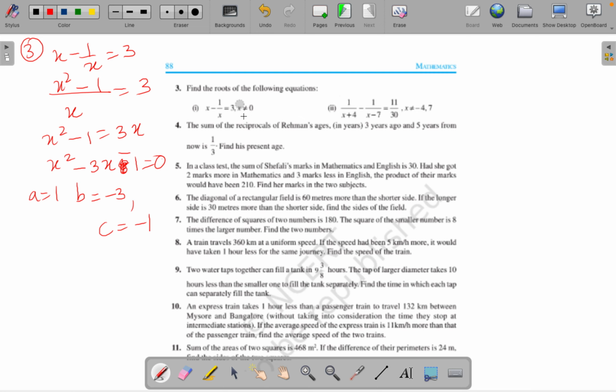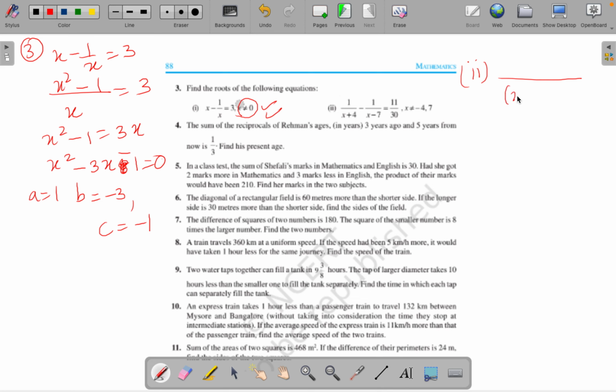Now here also children, you can see that x is not equal to 0. That's obvious, right? This question will not exist if x is equal to 0, because anything divided by 0 is not defined, right children? So that is why this is a condition. So you don't have to worry about it. Similarly here also, in the second part also, you will take the LCM.